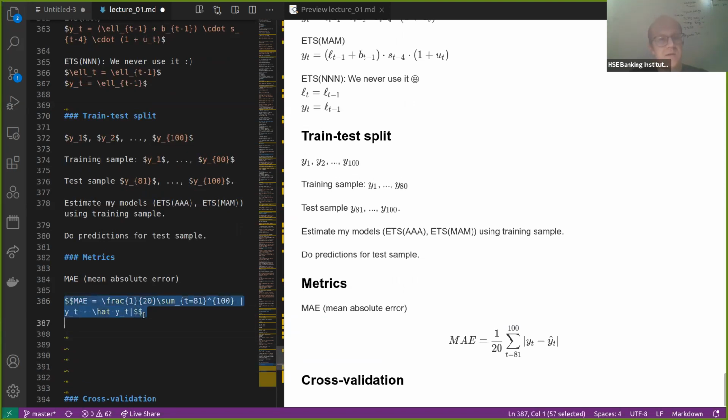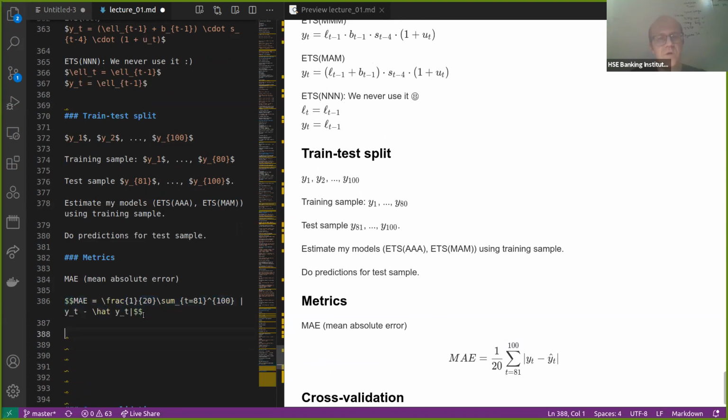What are the possible metrics? How can you compare? What other indicators do you know? Mean absolute error, what else? What other indicators do you know?